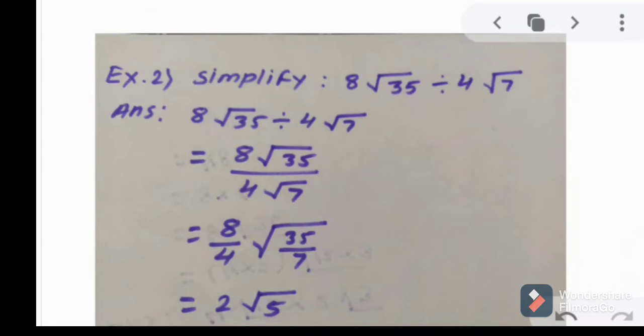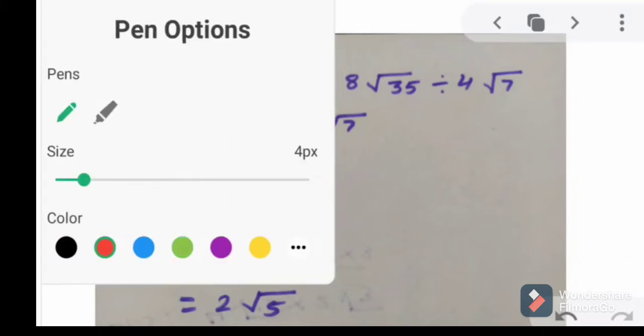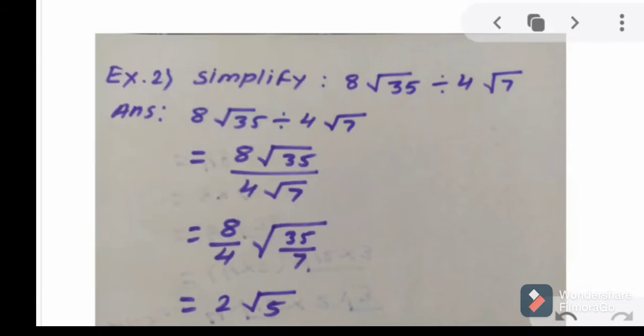So 4 times 2 is 8, and 12 times 3 is 36. Friends, 8 and root 36, the square root of 36 is 6. So what happens? 8 into 6, that is 48. So our answer is 48.